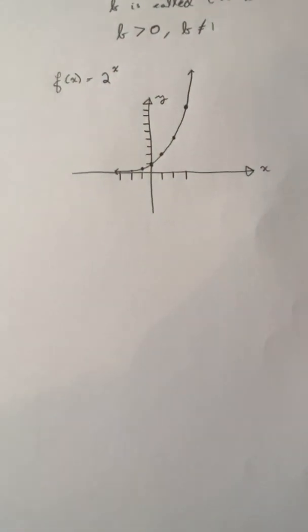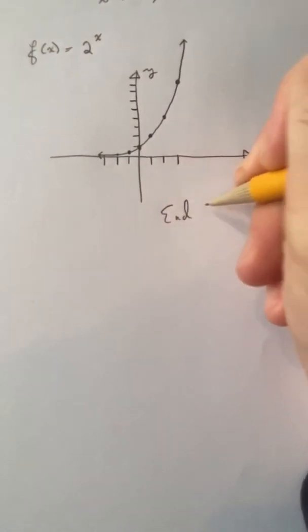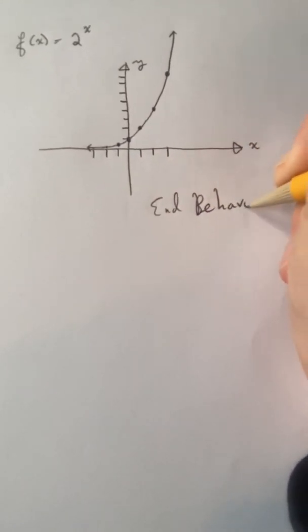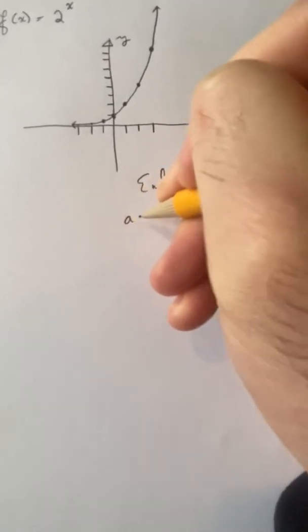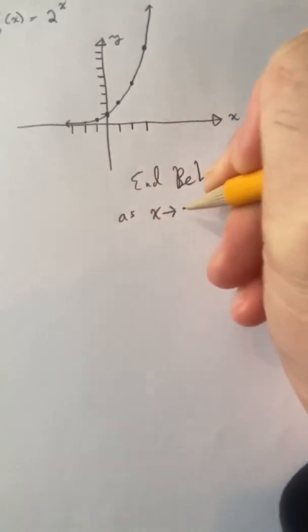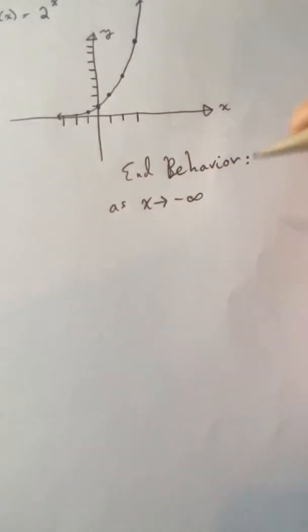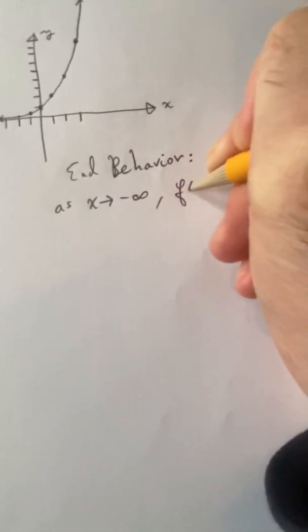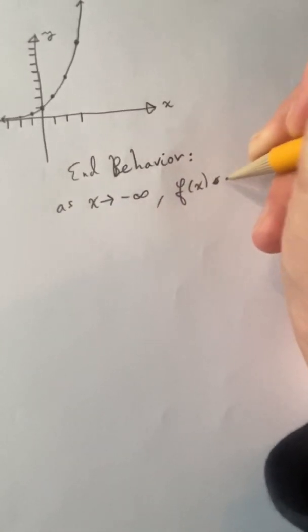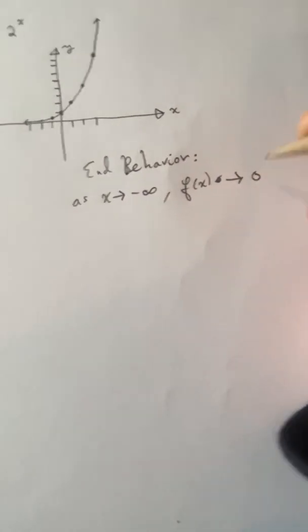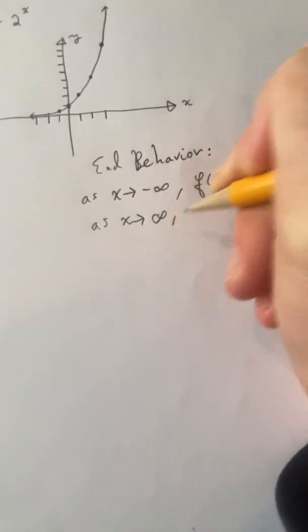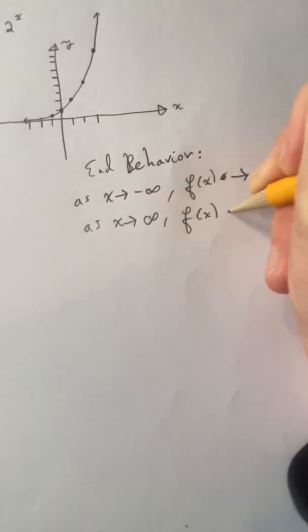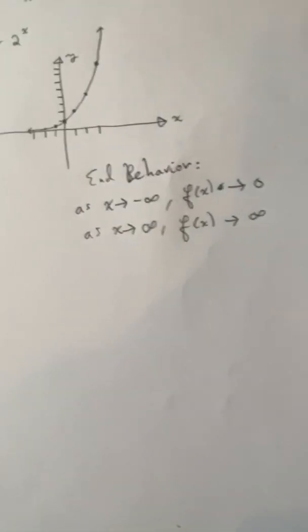And we can talk about its end behavior just like we talk about polynomial end behavior. As x goes to -infinity, f(x) goes to 0. And as x goes to positive infinity, f(x) also goes to positive infinity.